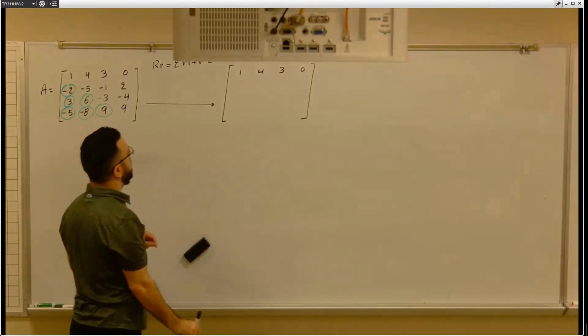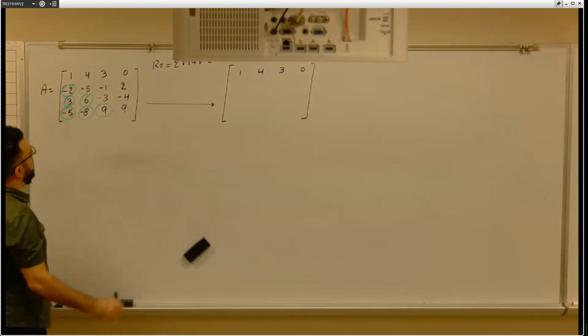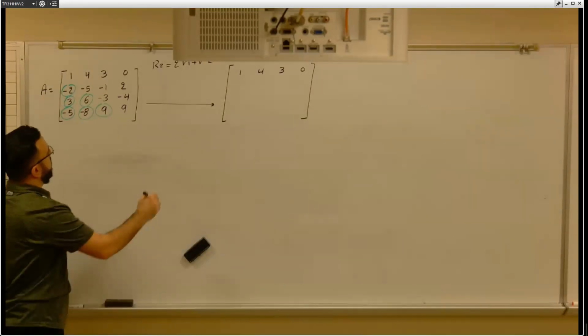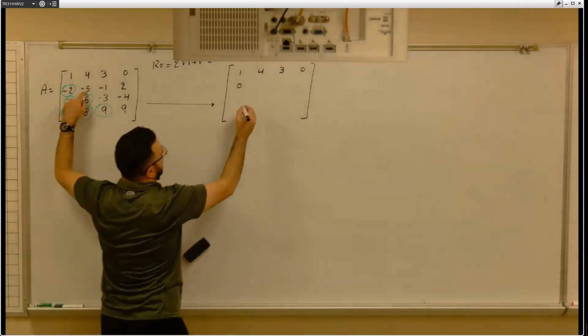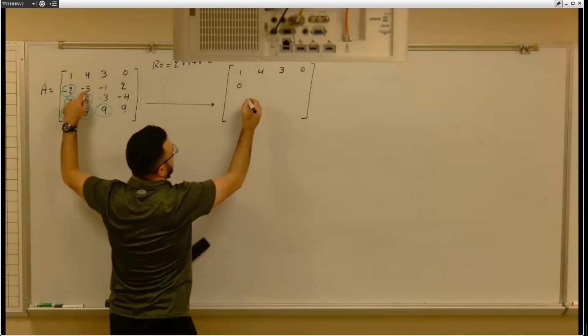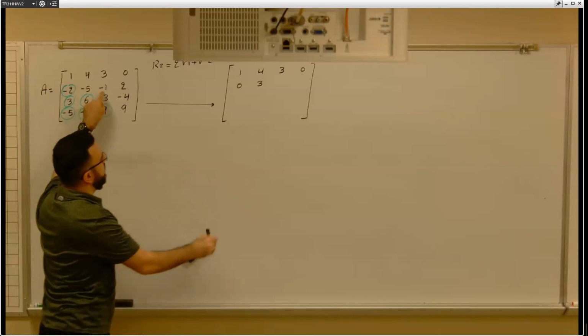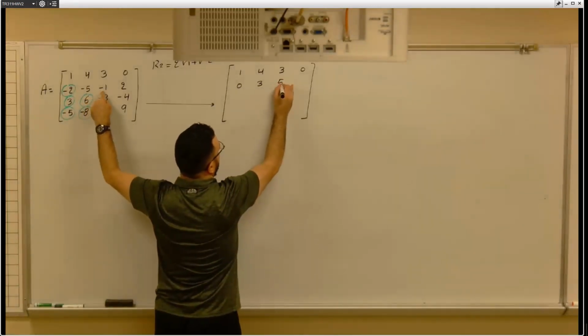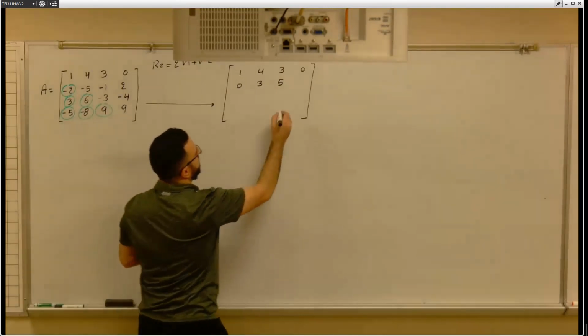Let's take the second row. 2 times 1 plus -2 is 0. 2 times 4 is 8, minus 5 is 3. 2 times 3 is 6, minus 1 is 5. 2 times 0 plus 2 is 2. Okay, I'm done with row 2.